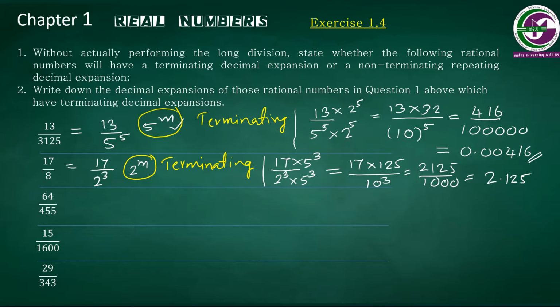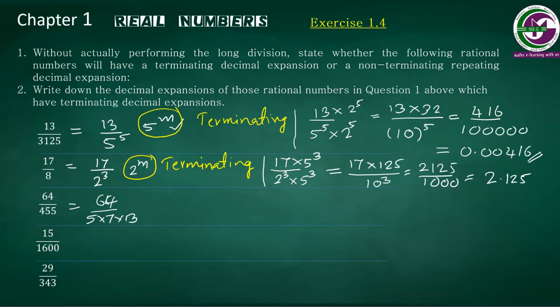Next question. 64 divided by 455. On factorizing the denominator, you will get the factors 5 times 7 times 13, which equals 455.